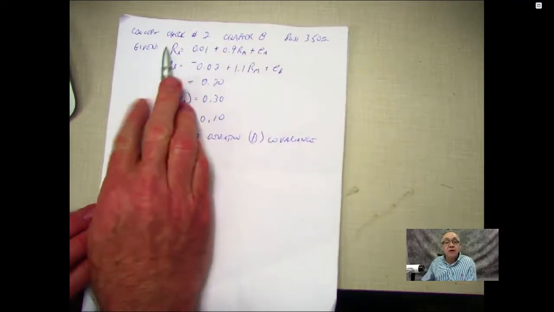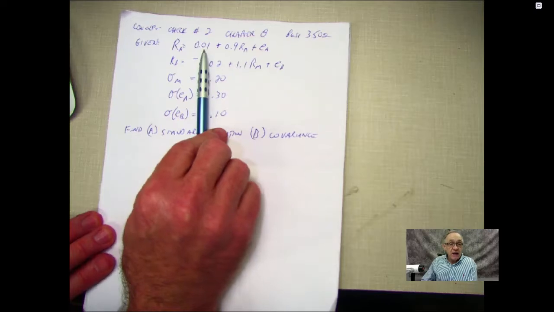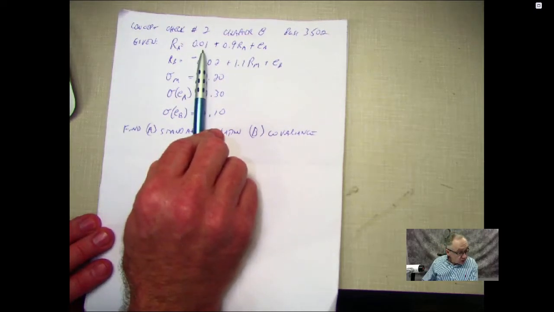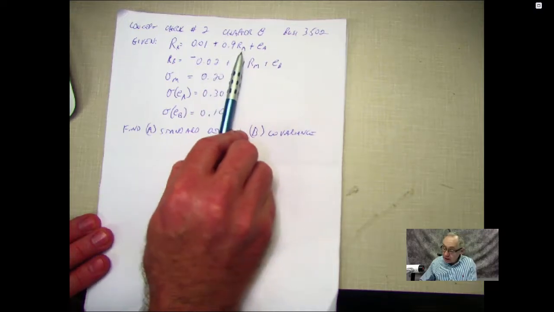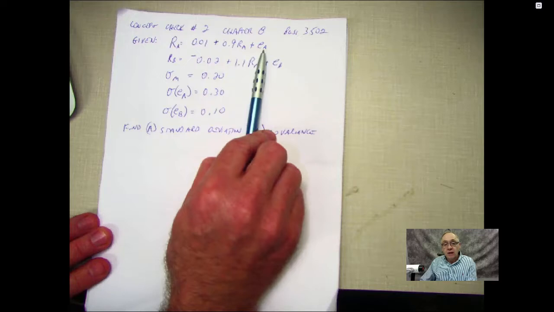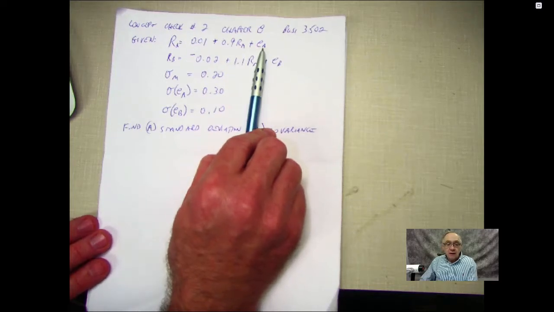First, the information given. For stock A, our formula is constant 0.01 plus 0.9 times market excess return plus the unsystematic risk, or variability of the actual company.